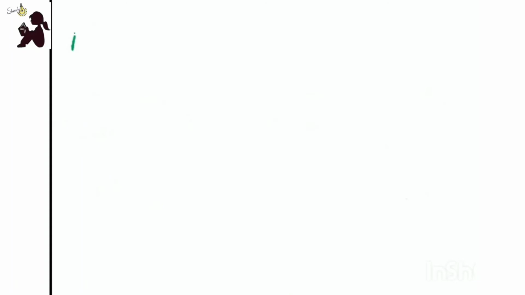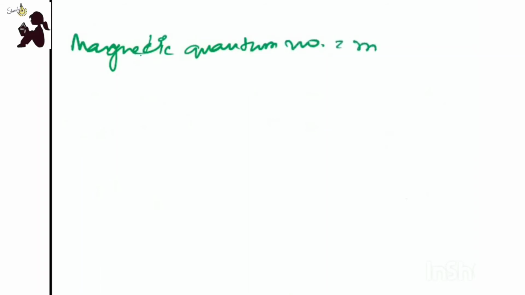Now we're going to discuss magnetic quantum number. That is m. Now m, this value comes from minus L to plus L. That means if L equal to 0, then m equal to 0.